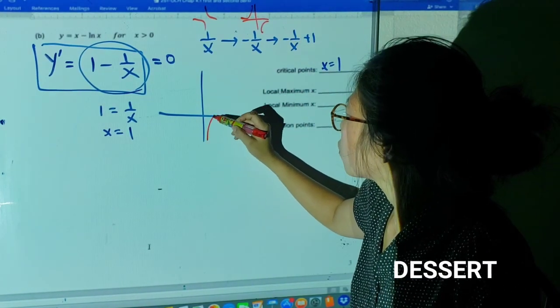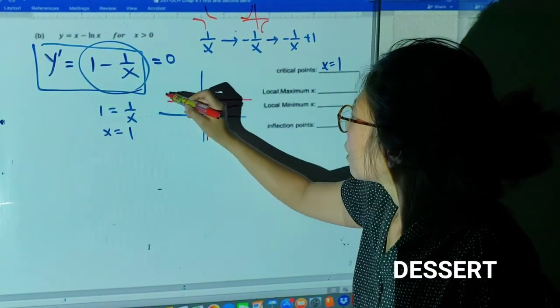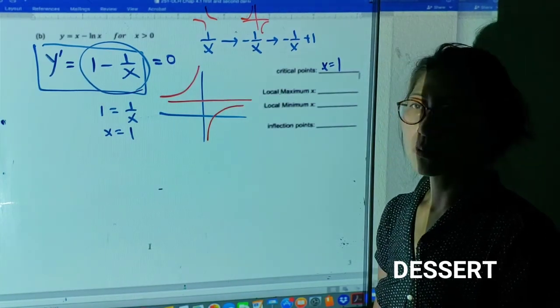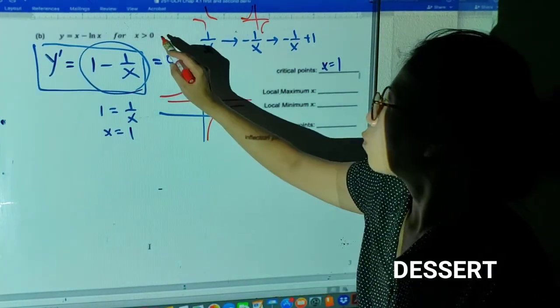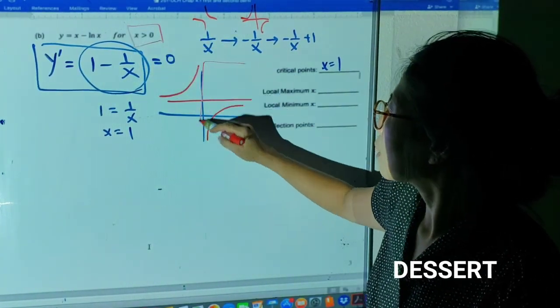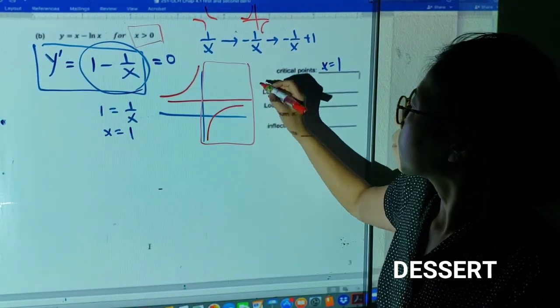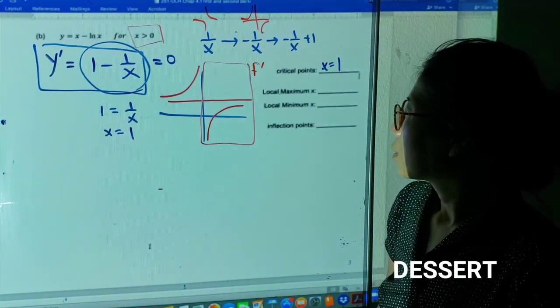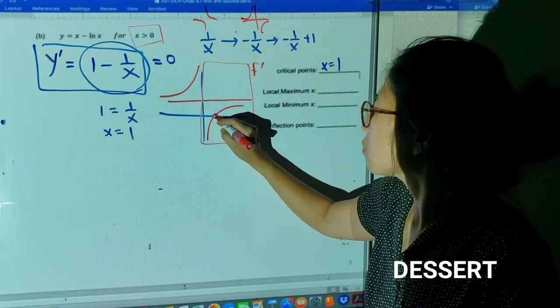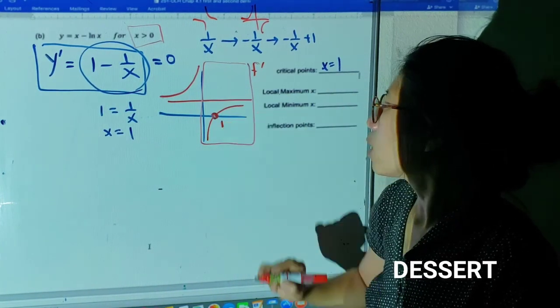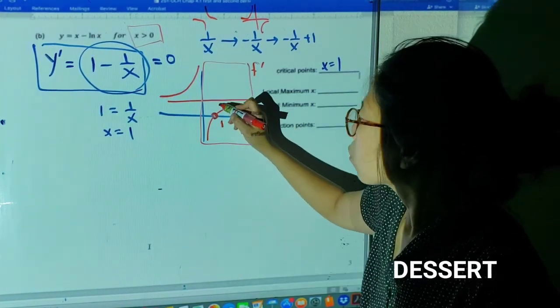So I'm going to move up 1 this way. Everybody agree with me? So from here, when x is positive, I'm looking at this part, and this is my first derivative graph. Where is the 0? What is this value? That value is 1. Then look at my graph.